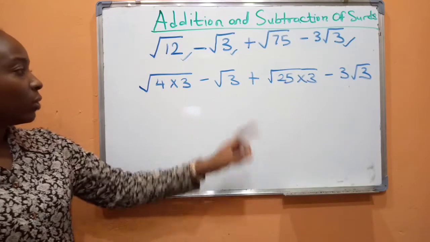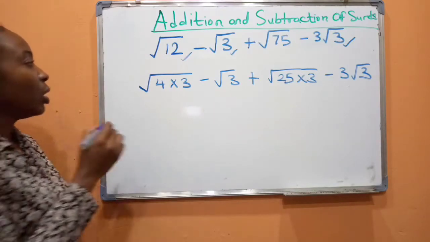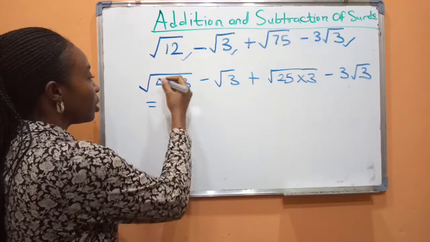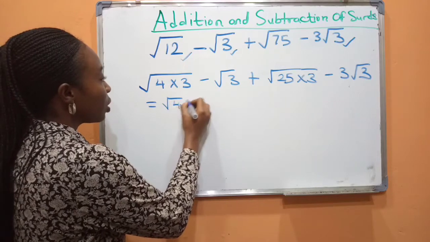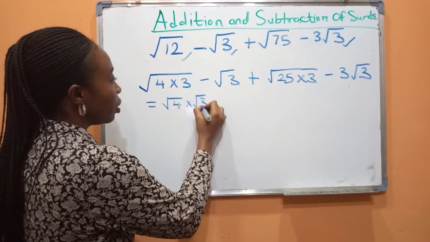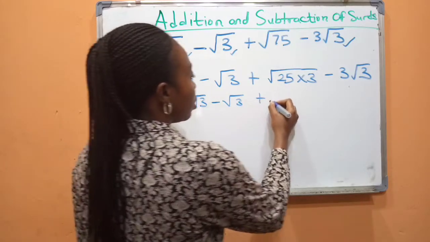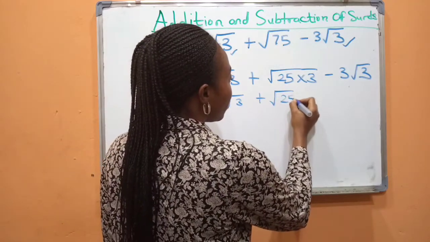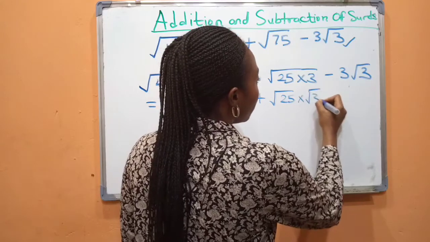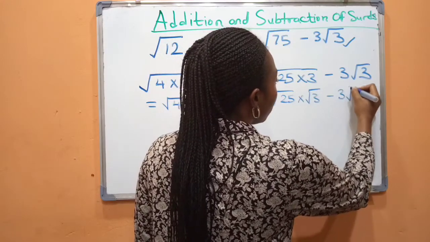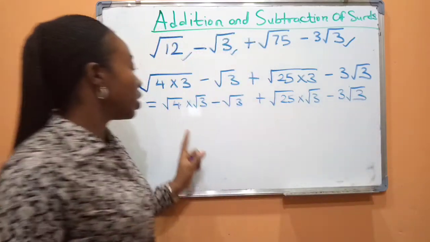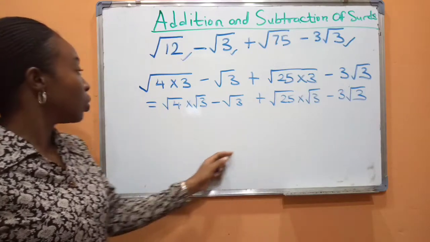So when we have this, the next thing we are going to do, let's break it down. It's the same as saying root 4 times root 3 minus root 3 plus root 25 times root 3 minus 3 root 3. You see, by the time we have this, it becomes very easy for us to solve.